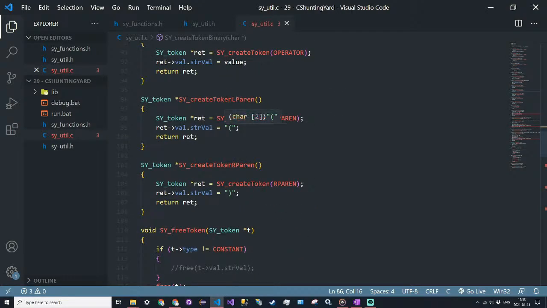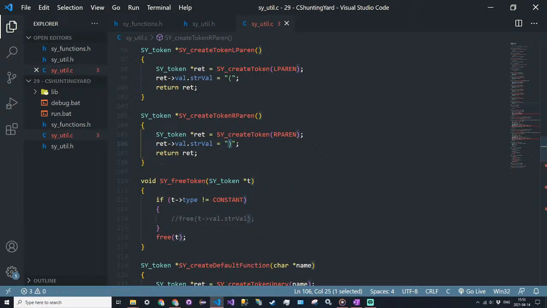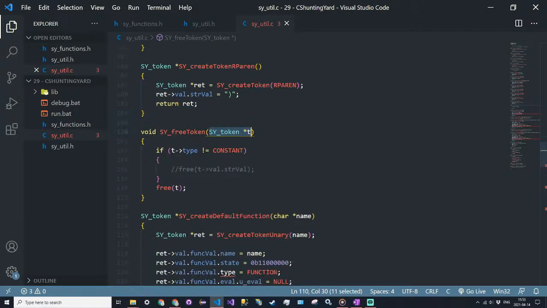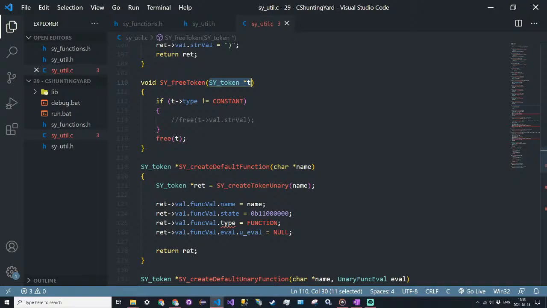Then we have left parenthesis, which just has a left parenthesis in the string value. Right parenthesis, same thing. Then we have free token, which will just free the pointer. Then we have create default function.